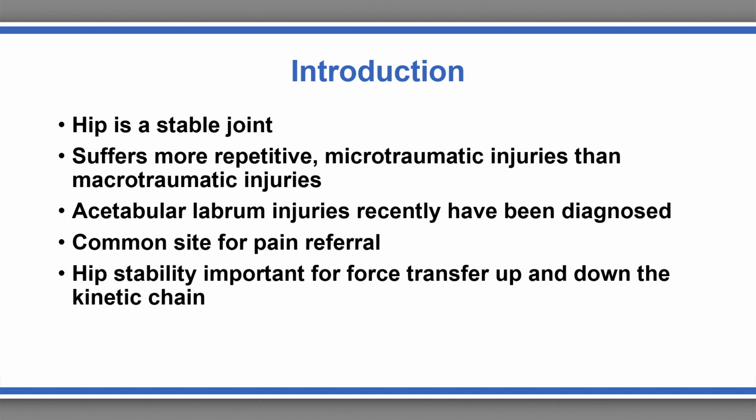Notably, the hip, as a result, will suffer repetitive microtraumatic type injuries, and it is also a common site for pain referral as well. And as I mentioned, hip stability plays an important role when we think about force transfer along the kinetic chain.